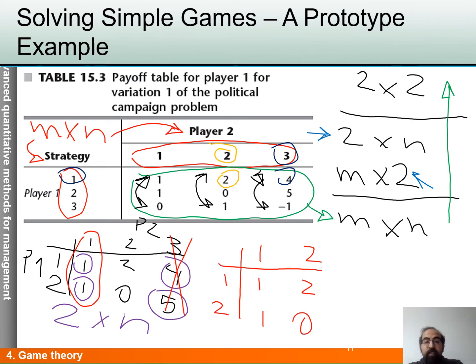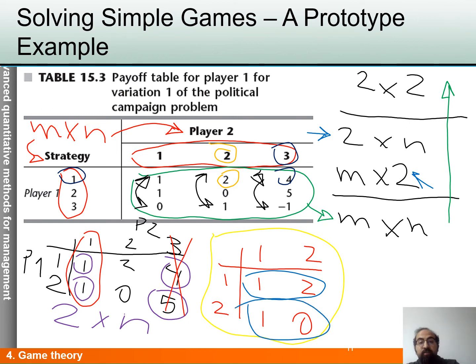So this 2 multiplied by 2 table is a table where we can find if there is a dominant strategy. For example, as you see here, the first strategy is a dominant strategy over the second one. So I can delete this strategy and it remains 1 multiplied by 2.